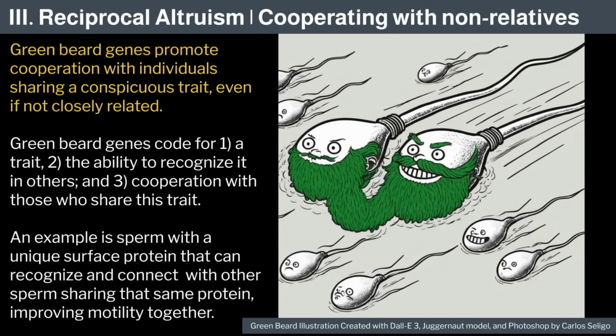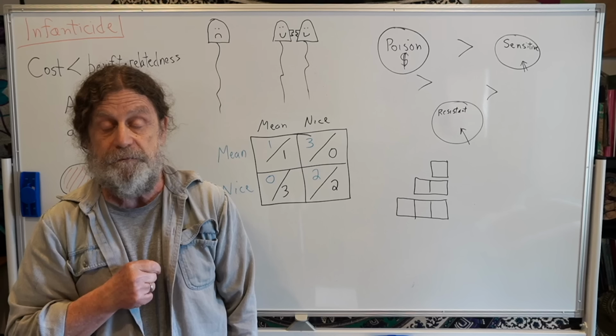The second component is you can recognize other greenbeards. You're in there and there's 100,000 wildebeest and there's one back there with a green beard and you're a greenbeard. You can spot each other. You can find each other. And the third attribute, you are cooperative with somebody who has a green beard.